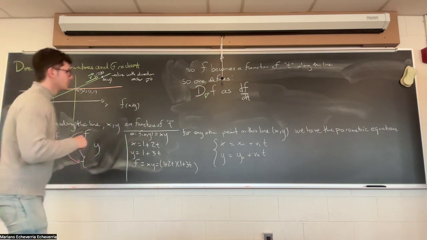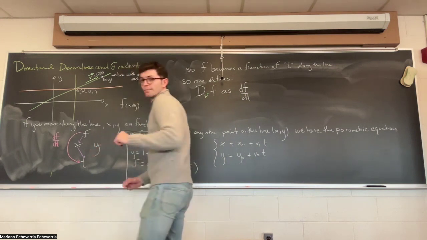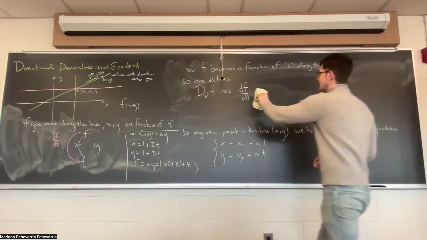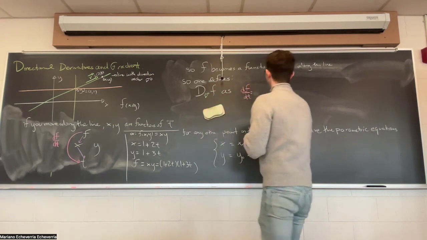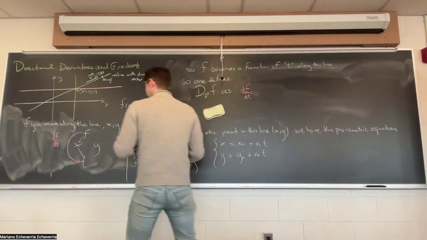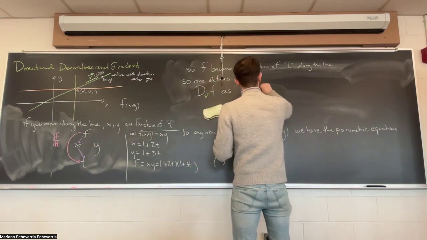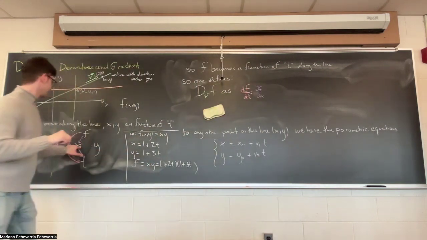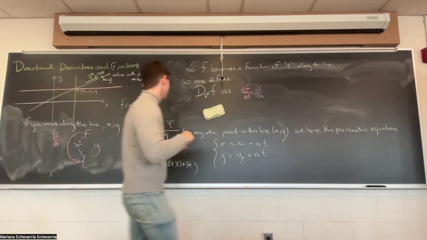That would give you f_x: going from f to x is the derivative of f with respect to x, and then the derivative of x with respect to t.